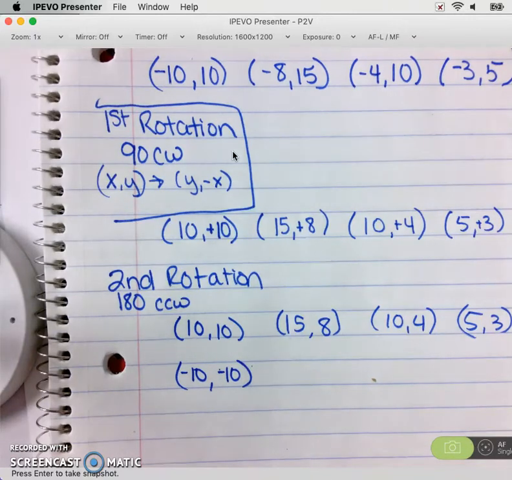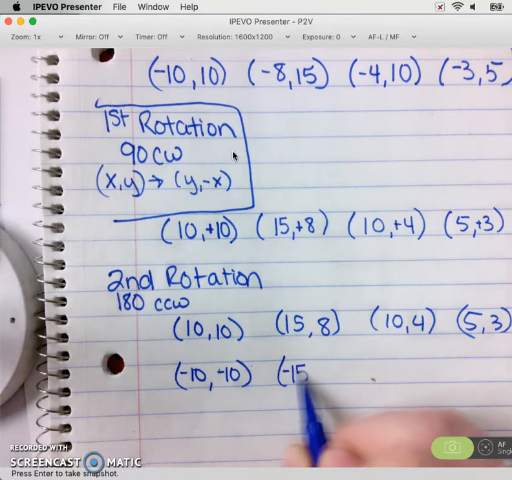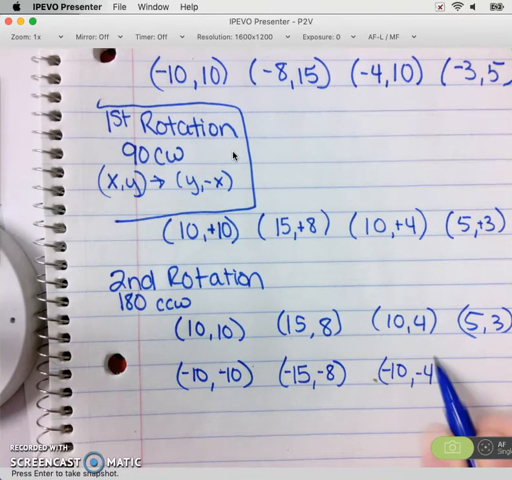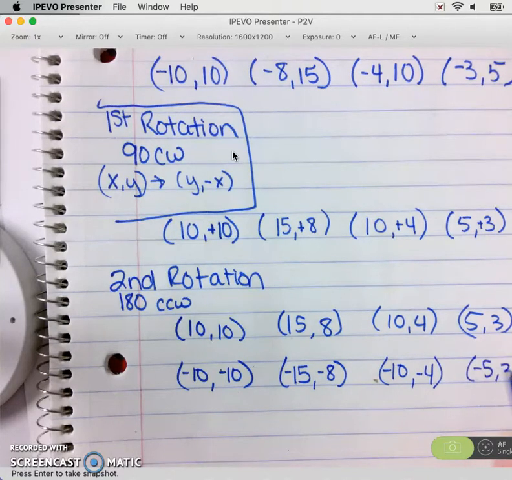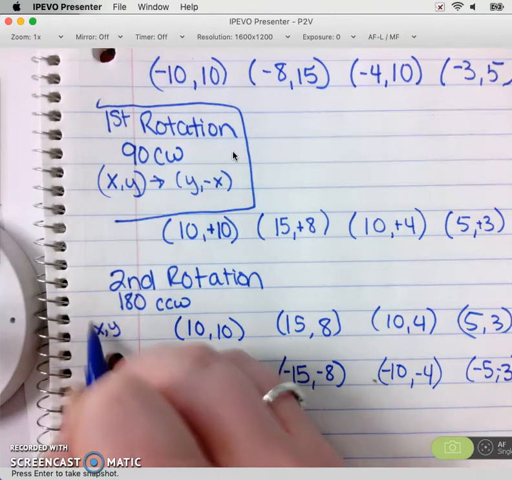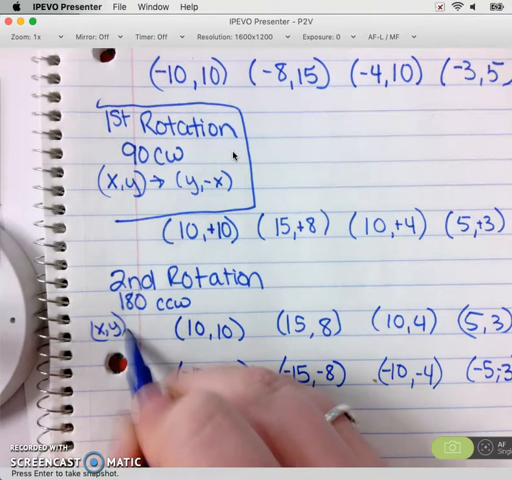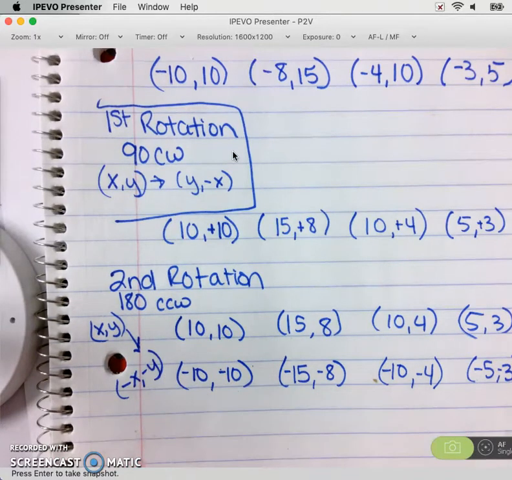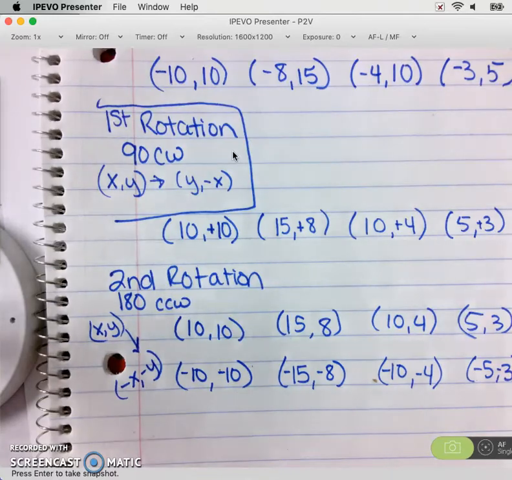You're just doing the opposite of the x and y. So negative 15, negative 8, negative 10, negative 4, negative 5, negative 3. If I want to, I can make my little remembrance of xy becomes negative x, negative y, opposite x, opposite y. Make your little note to yourself to remember.